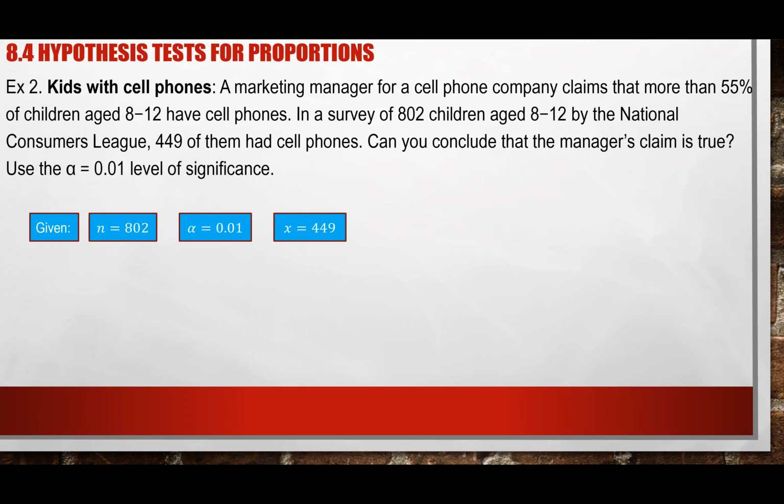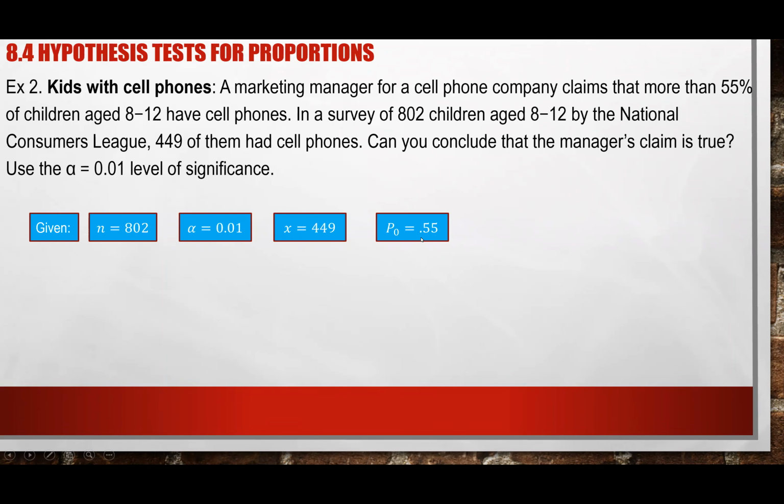The only thing left is we need this specific number, or this goal number that we want to test against, right? Looking at this, hopefully you see that that number is the 55%, or the proportion of the population. He wants to claim that more than 55% of the children have cell phone.